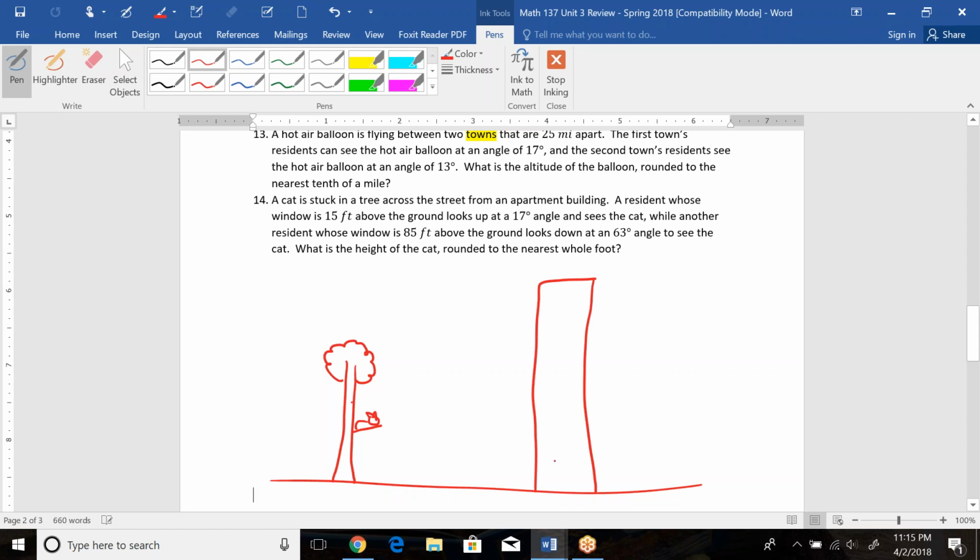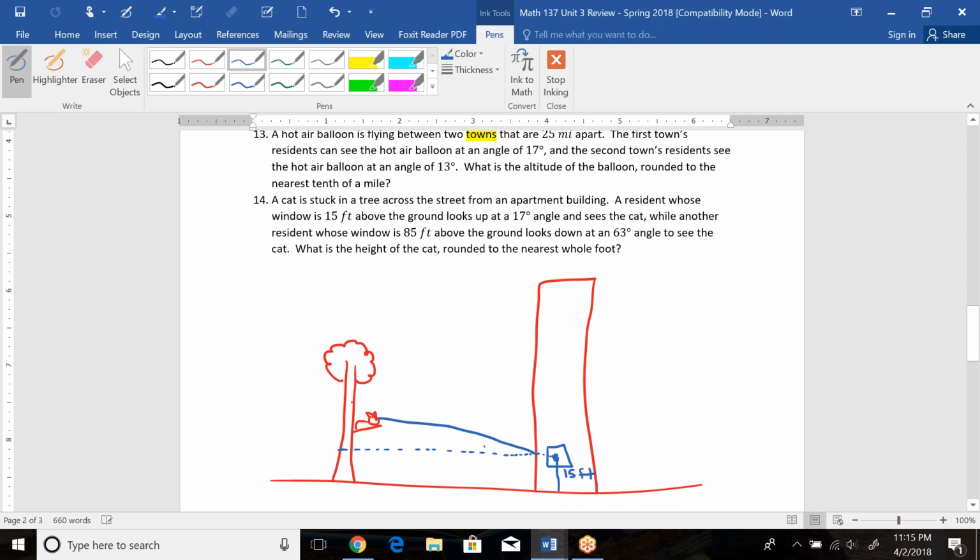And there's a residence that is 15 feet above the ground, and he's looking up at the cat, so he needs to be below the cat. So there's his window, there's his eyesight. And then from this person, we're going to be measuring from here, and they're looking up at the cat, and there's a horizontal line of sight here.